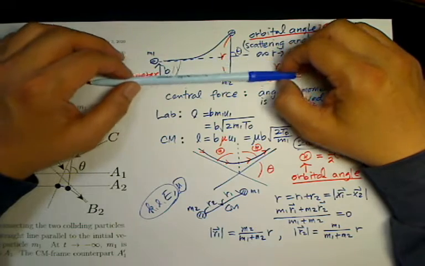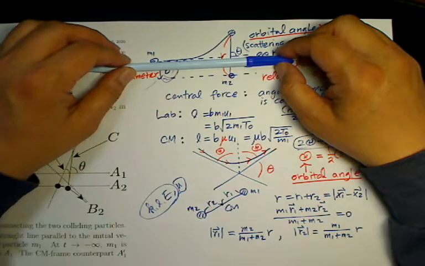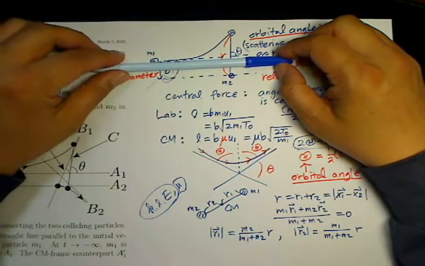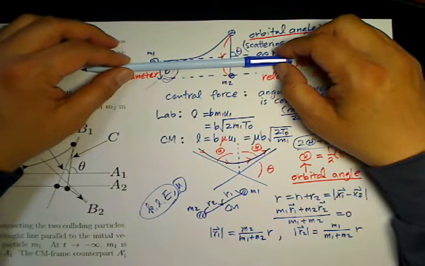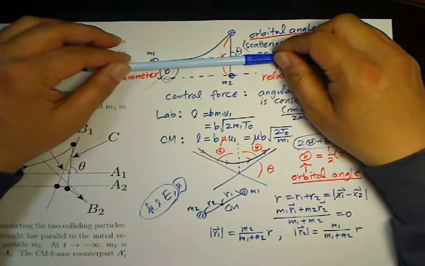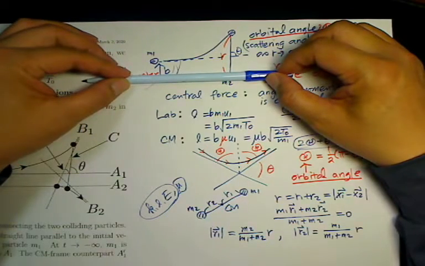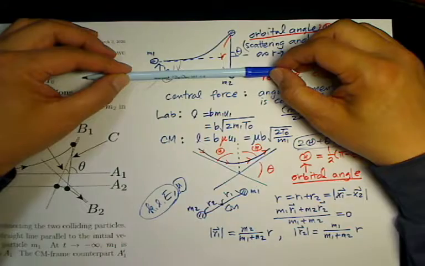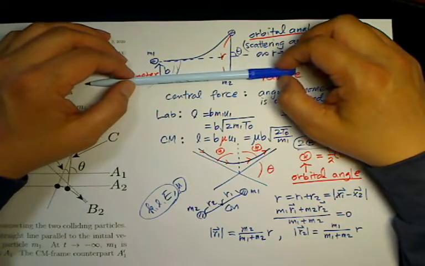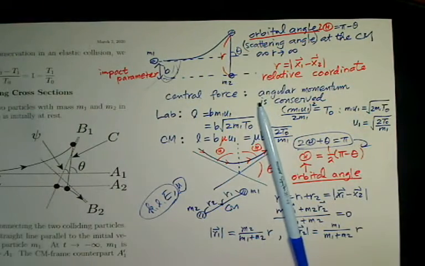So, the perpendicular distance of the two lines: first, the incident motion, the initial velocity of the incident particle, has this direction, but it does not pass through M2, the target particle. The parallel line that passes through the target M2 gives us two parallel lines. The perpendicular distance between the two parallel lines is defined as the impact parameter.